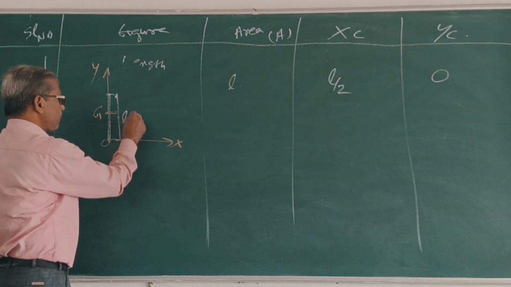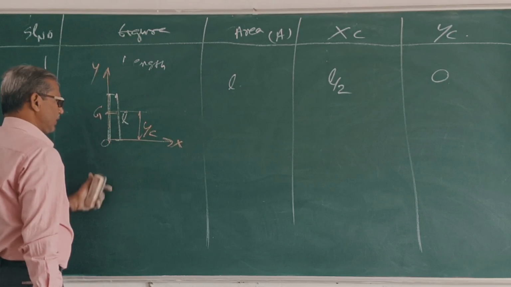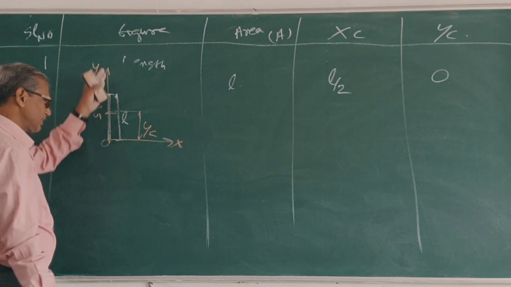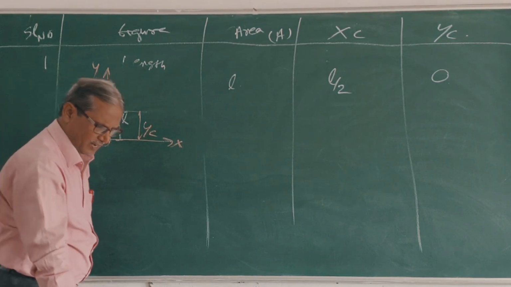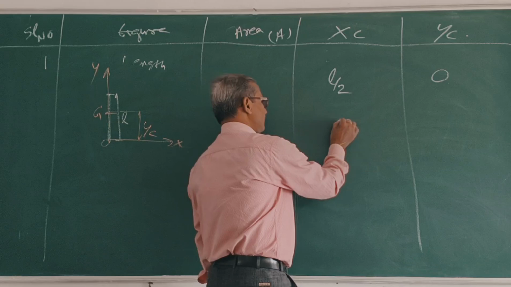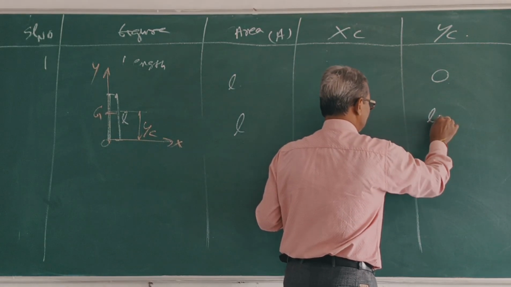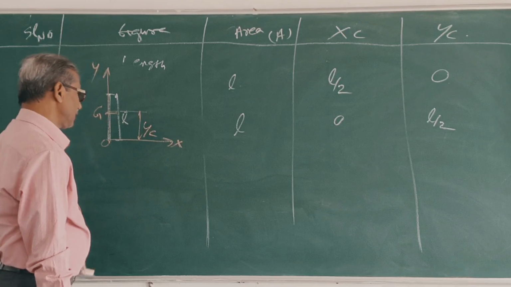In this case, this is YC. So what is x equal to? 0, because the CG lies along the y-axis. So here, length is L. What is XC? 0. What is YC? L by 2. Clear? Next.